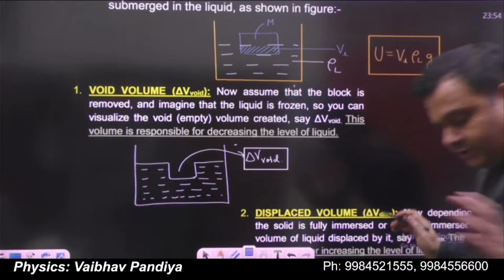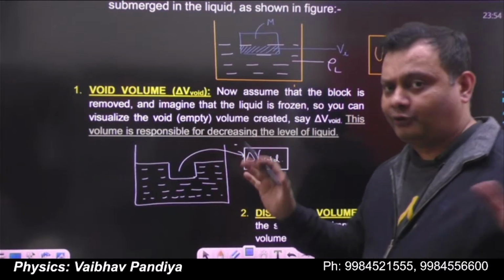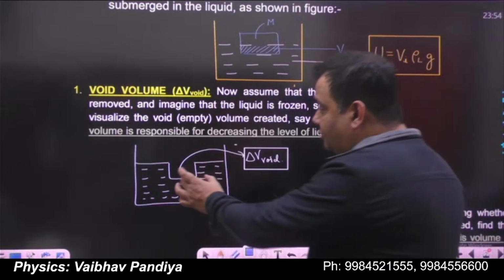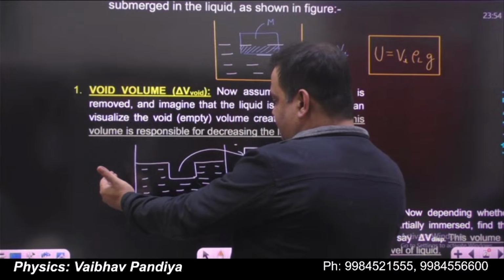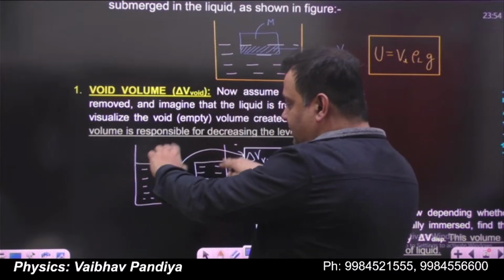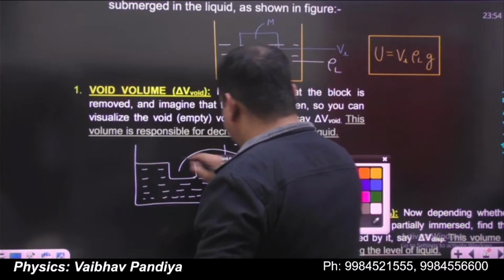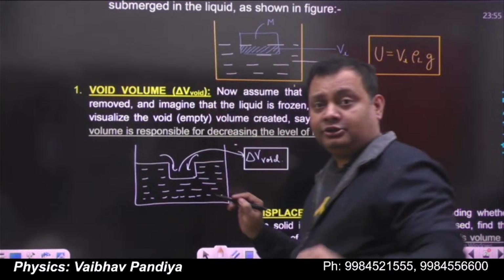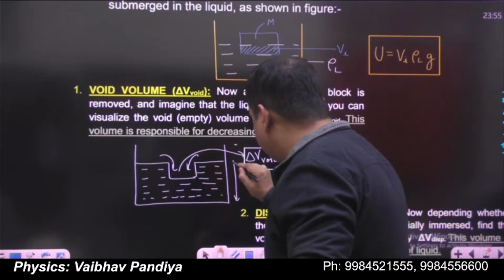Clear? Now see what will happen. This is the model in which you imagined the liquid is frozen, but in reality, the liquid is not frozen. So as soon as the block is lifted up, the liquid particles will come to fill up this volume. And in filling up this volume, the level of the liquid will decrease, correct? So the liquid will come to fill this volume up, maintaining the same level, and in doing this, the level of the liquid will decrease.